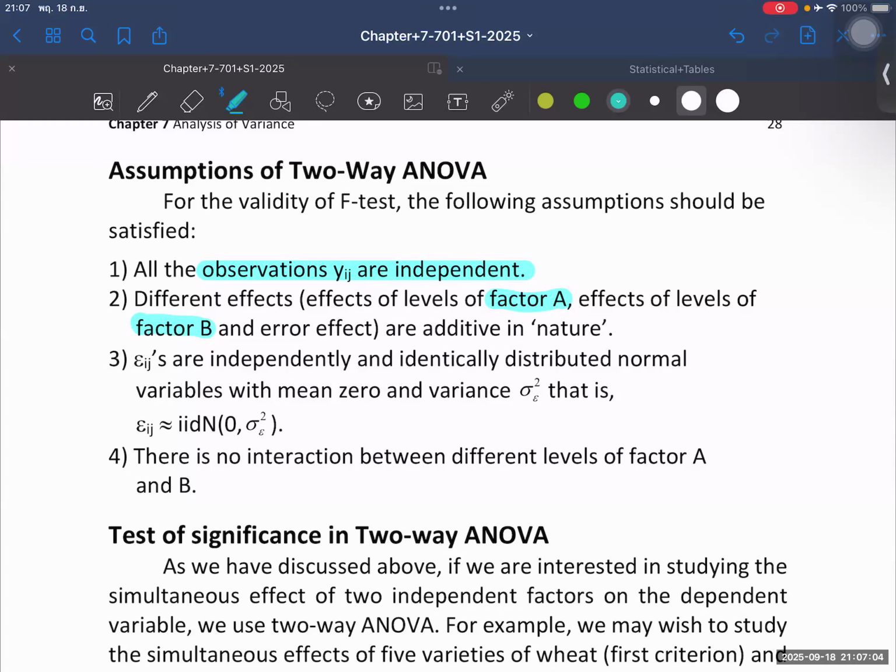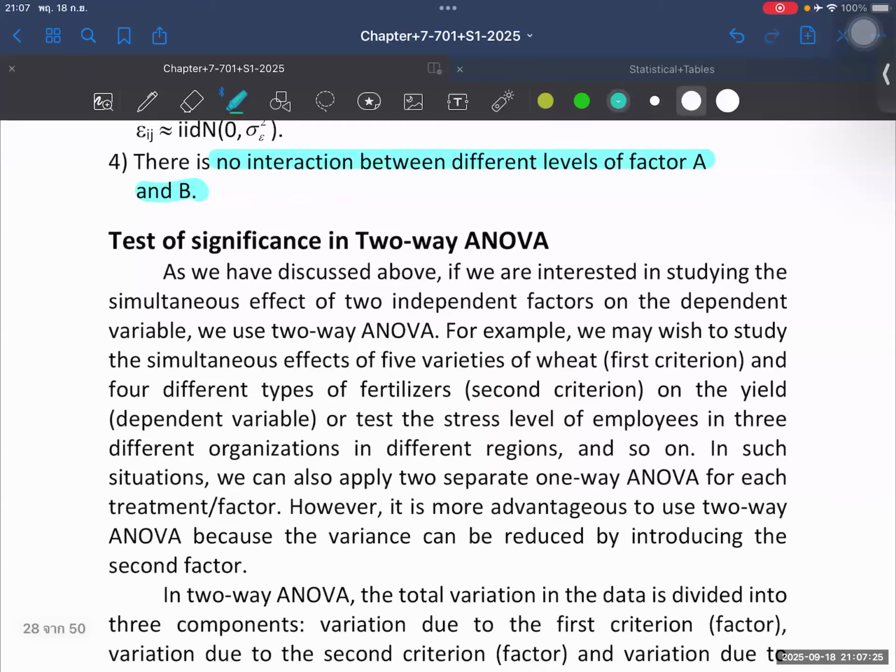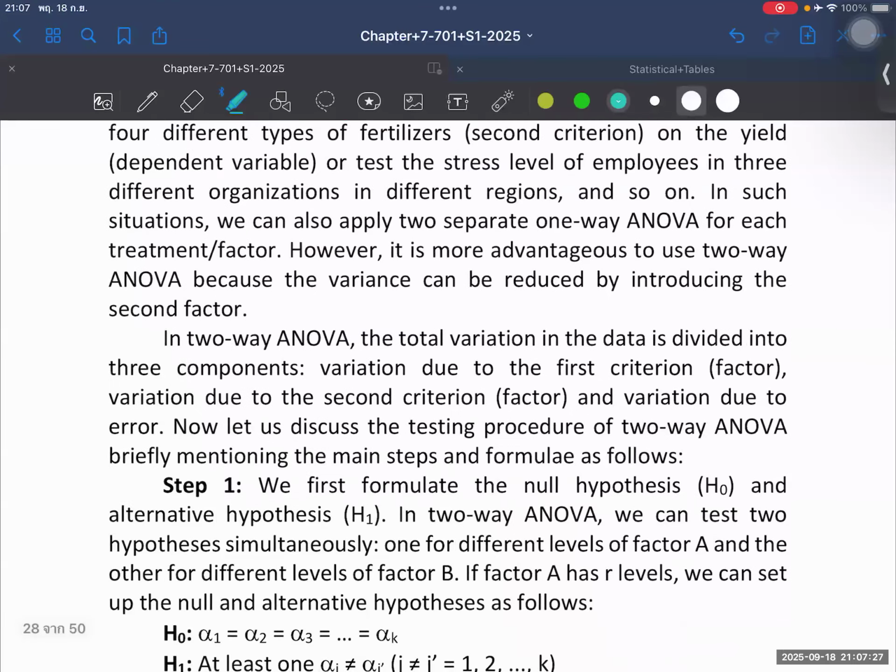The epsilon, the error, is independent and identically distributed with the normal distribution, and the variance is constant. And we assume no interaction between A and B.